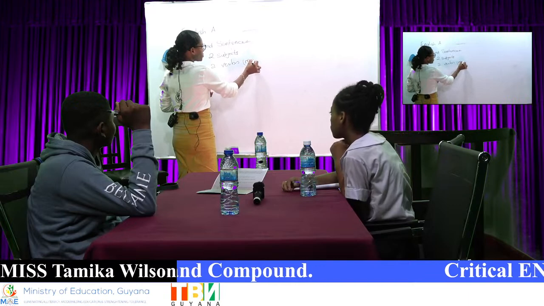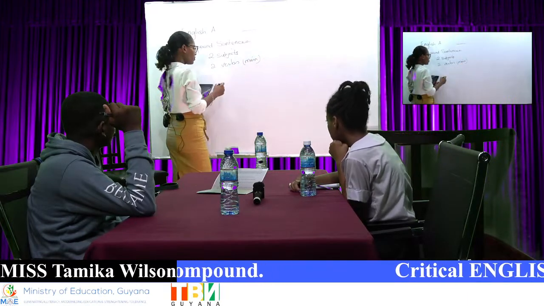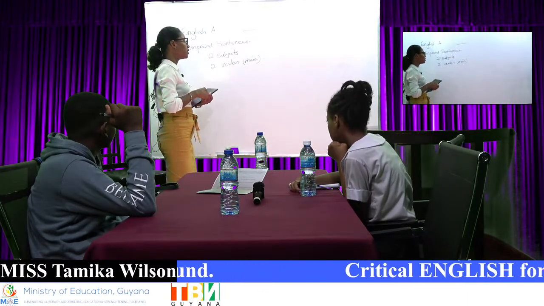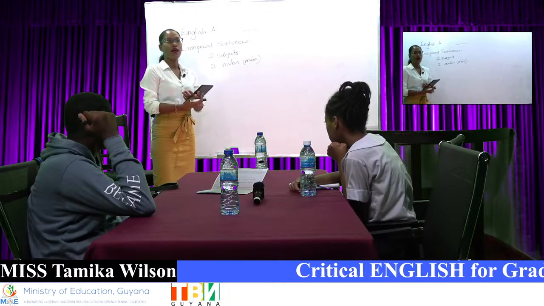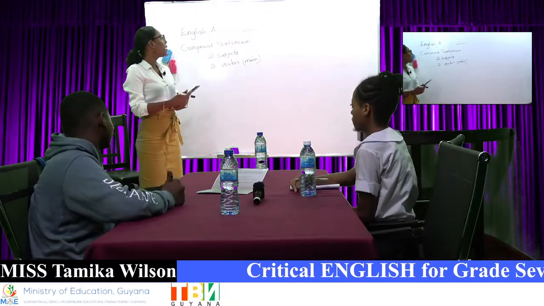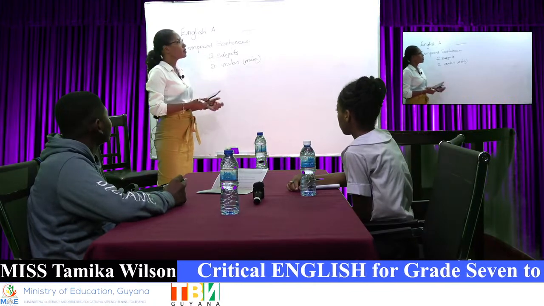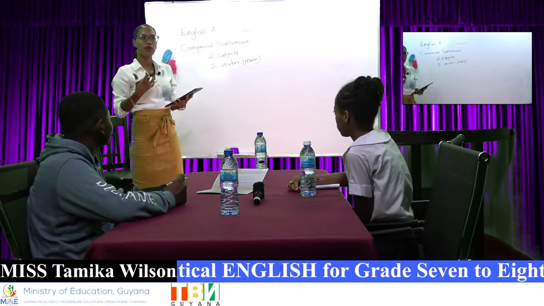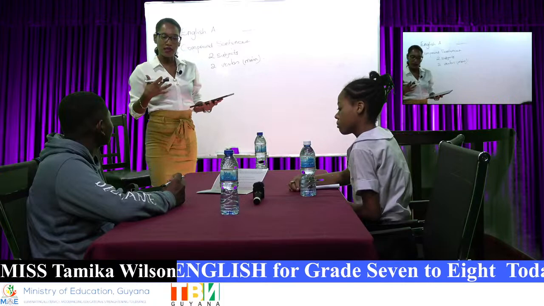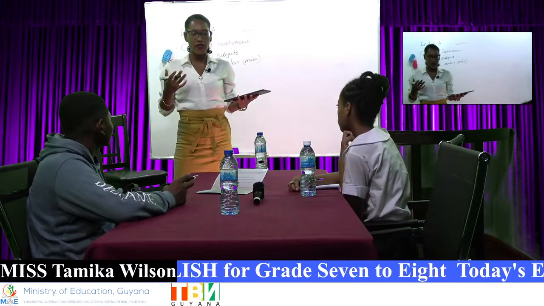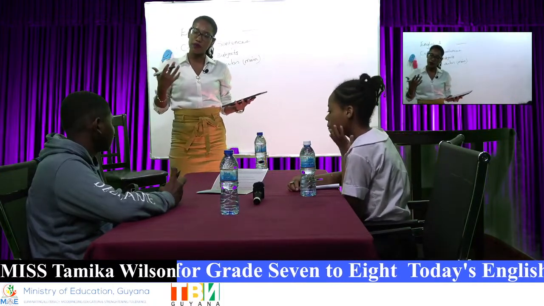Yes, main verbs. And so because of that, they did not qualify to be simple sentences. But when we look at compound sentences, we're going to see how, instead of being simple sentences, they would qualify to be compound sentences.